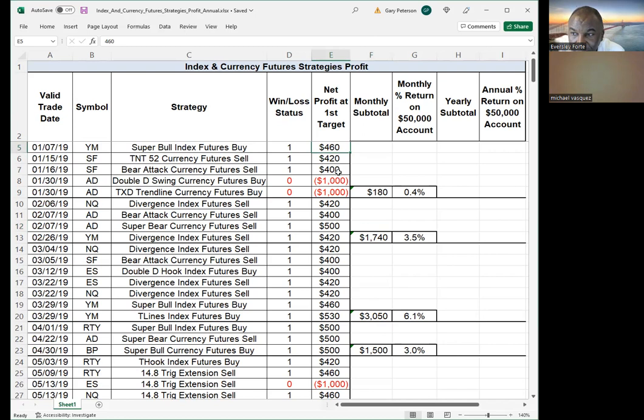Oh, you mean that the second target made more, so we can't see it here? You can make more. We can't predict the second target, because second target is anything you can fantasize and make up and do whatever you want. I can tell you what will happen at the first target.